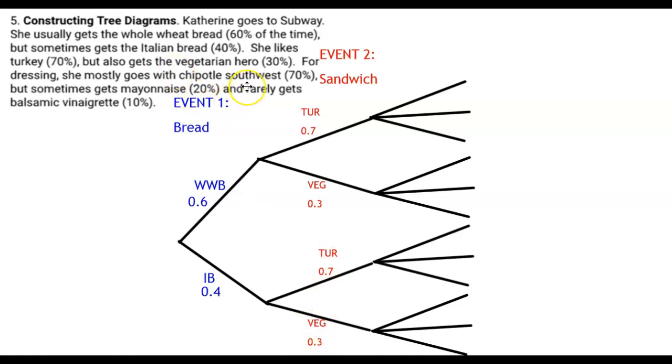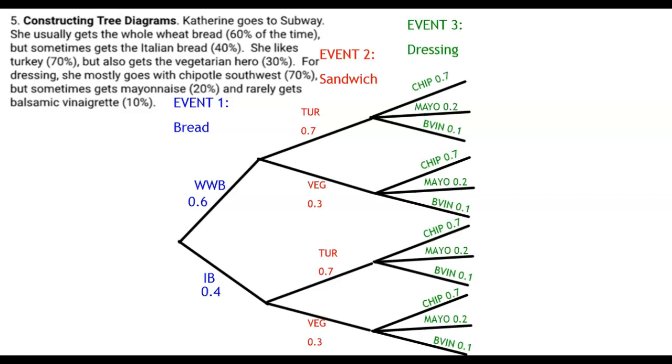Okay, last but not least, event number 3 is type of dressing. And again, when you're looking at the different dressings, Chipotle is 0.7, 70%, mayo is 0.2, which is 20%, and balsamic vinaigrette is 10%, 0.1, regardless of the type of sandwich or the type of bread or anything like that.